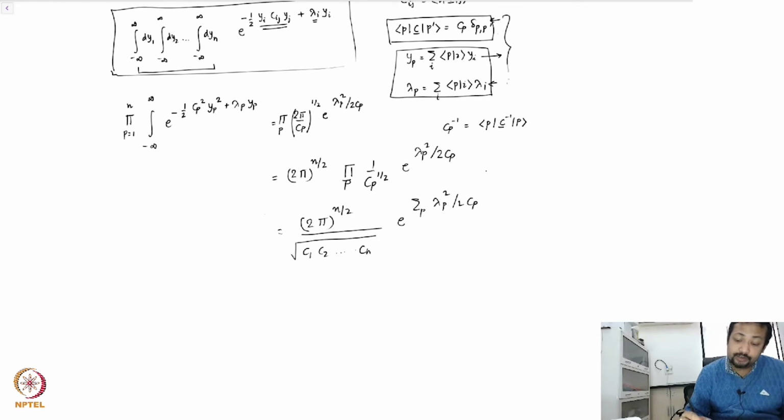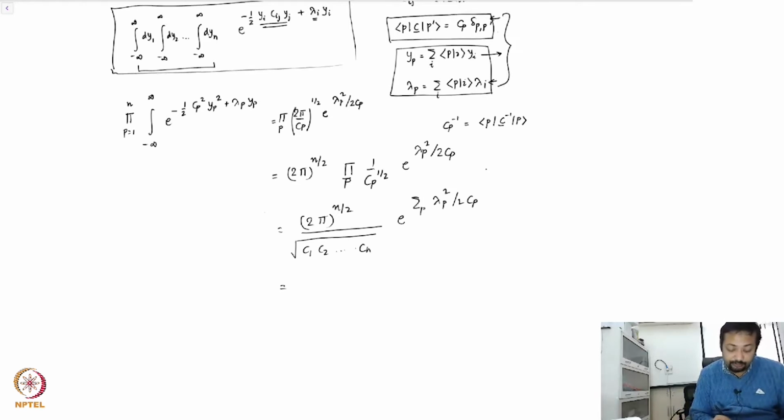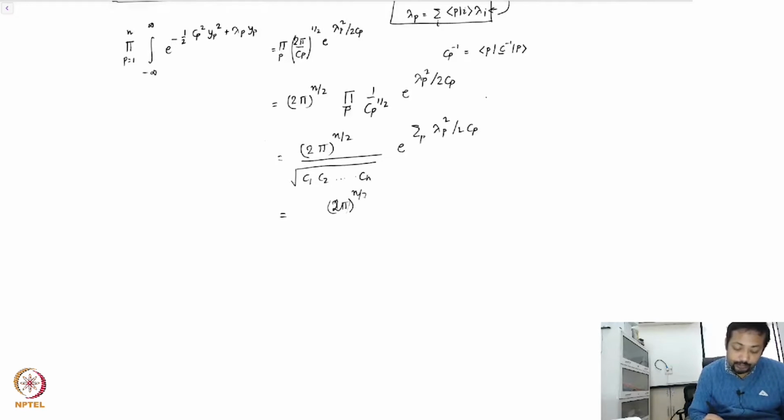If you use these relations over here, which have been highlighted, then you first identify that the denominator is going to be 2 pi raised to the power n by 2 divided by the square root of the determinant of c, and this quantity is going to be, half comes out, lambda i c inverse ij lambda j.